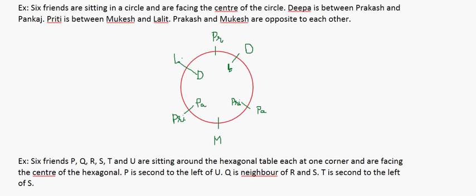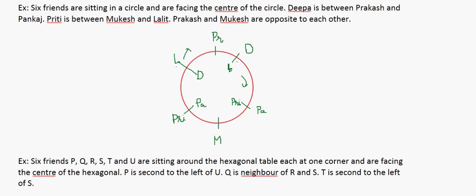Here the neighbors of Lalit were Preeti and Prakash, and even here the neighbors of Lalit were Preeti and Prakash. The only difference is the left neighbor of Lalit is Prakash here, and Preeti there, but the pair of neighbors remains the same.